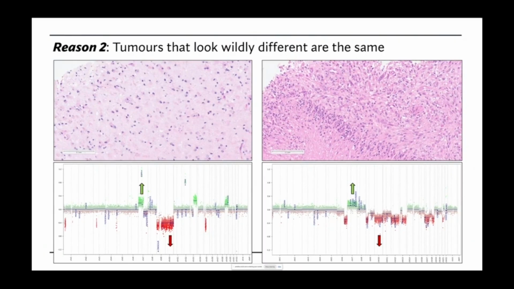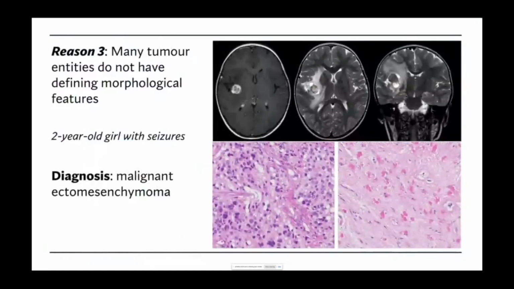If you look, however, at the copy number profiles that we're showing below, there is some commonality here. Gain of 7, loss of 10, absolutely characteristic of the specific tumour type. So just looking at the histopathology may not be sufficient to allow you to classify 2 tumours.